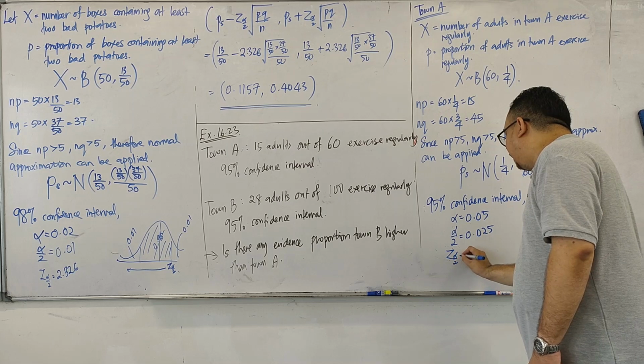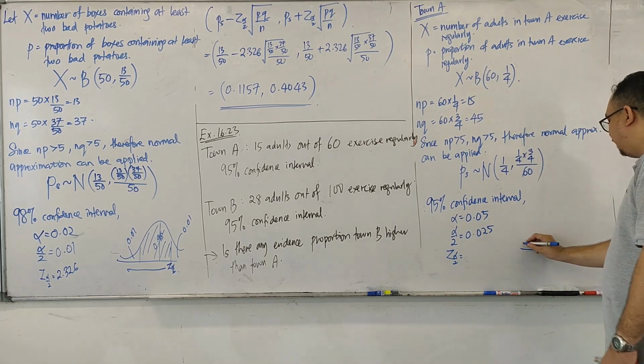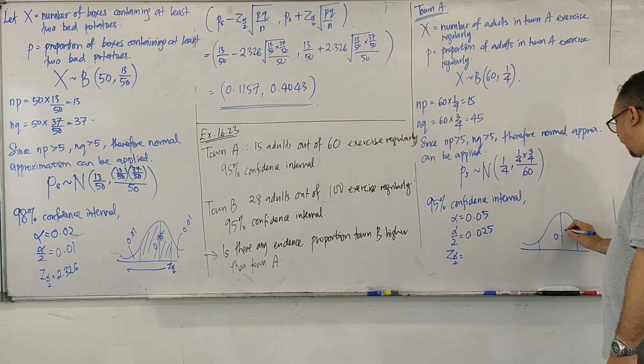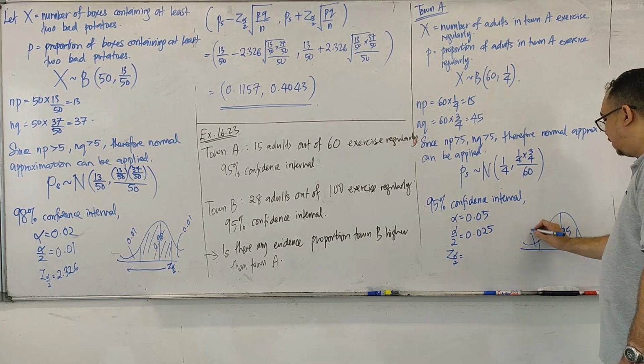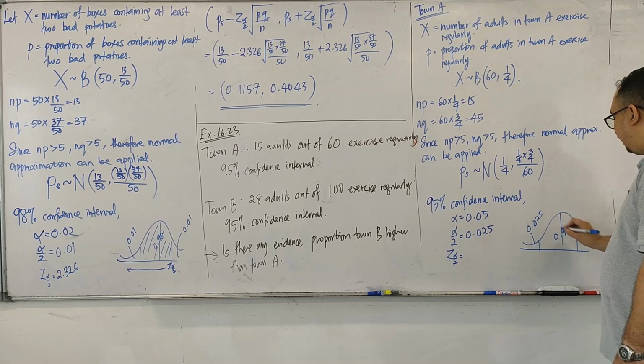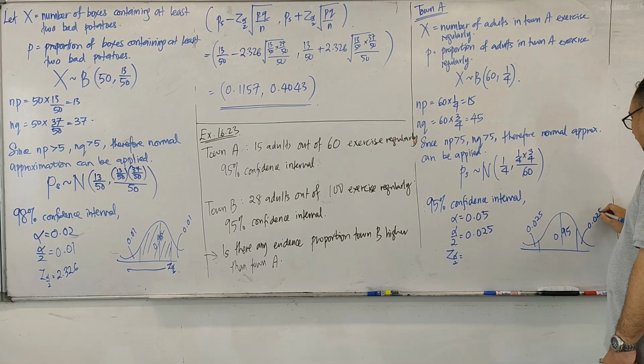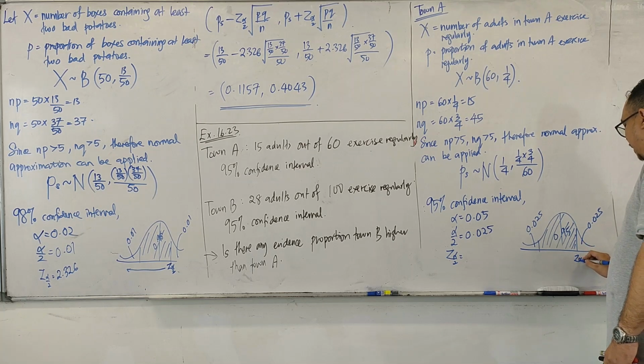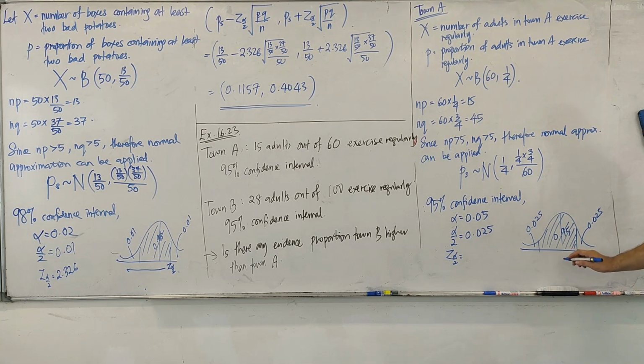Therefore, for my Z alpha over 2 I need to sketch first. So 0.95 here, 0.025 here, 0.025 here. So this is my confidence interval. That is your Z alpha over 2. So from here to here 95%.